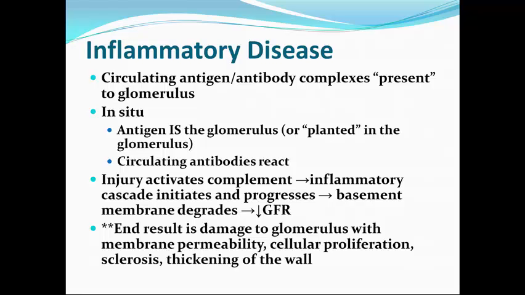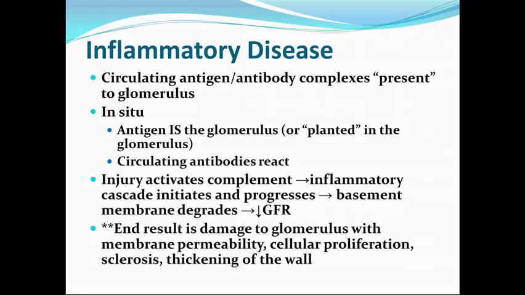The inflammatory disease may also be characterized by an antigen that is in situ. With an in situ inflammatory disease, the antigen is the glomerulus, or it is planted in the glomerulus. Circulating antibodies come into contact with the antigen that's either already in the glomerulus or is the glomerulus, and then begin to react.